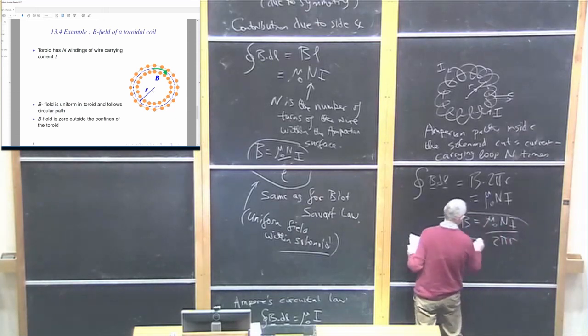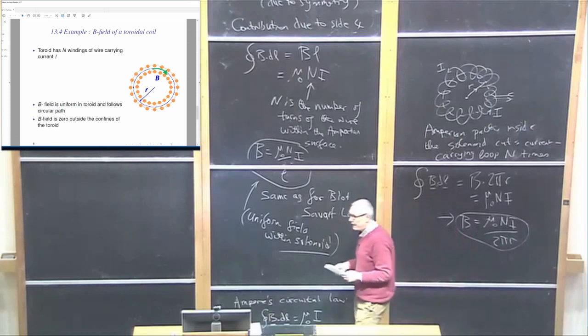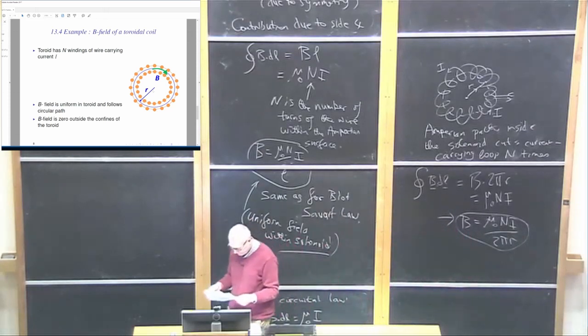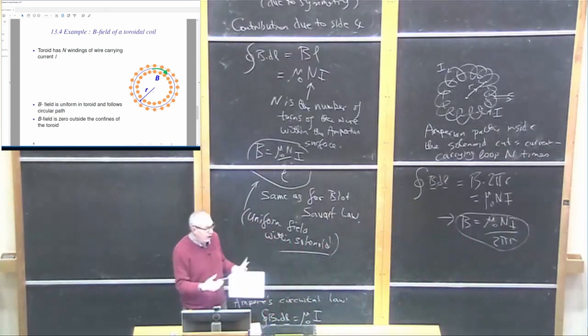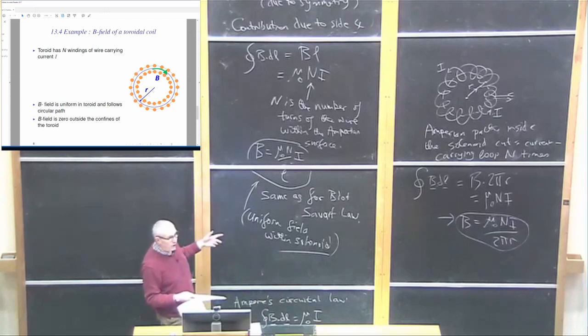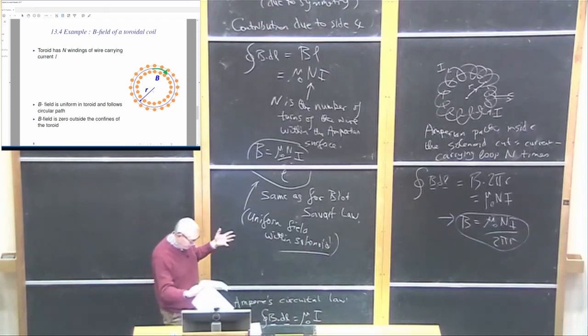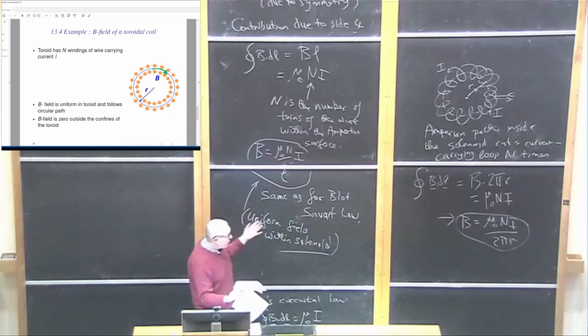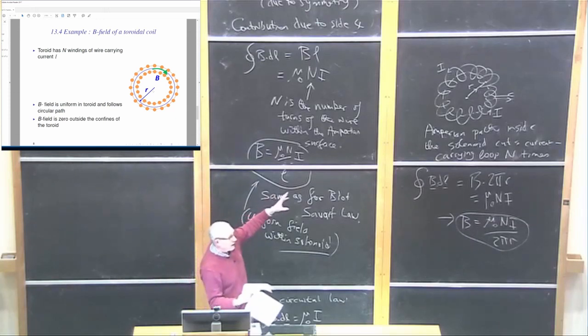Right, so that is the field inside a toroid. It follows a circular path, obviously, and it's the same everywhere. It's uniform within the toroid.